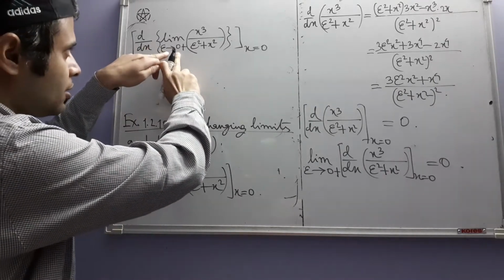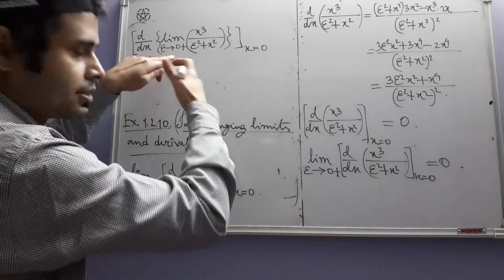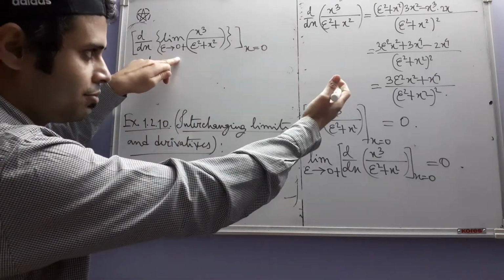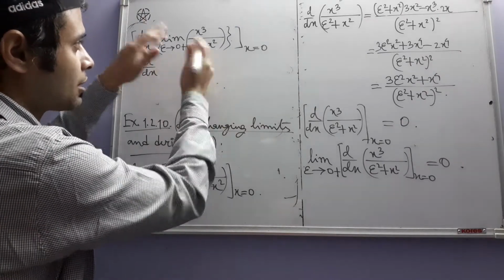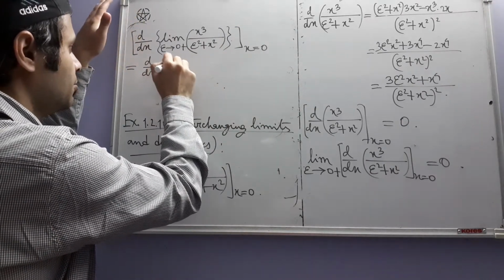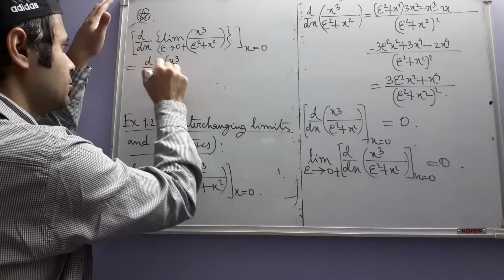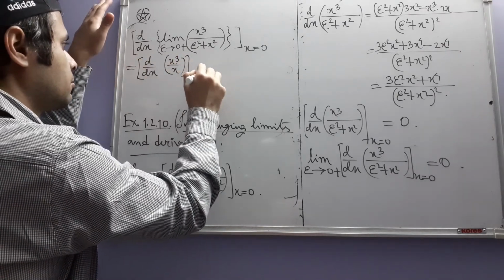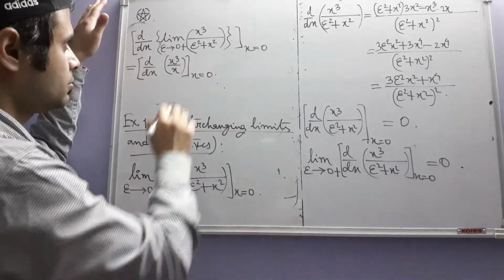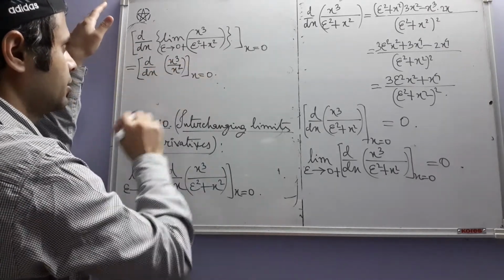So if epsilon is approaching 0 from the right side of 0, that means epsilon is positive and it is coming close to 0, then what will be this limit? This limit will be x cube divided by, oh sorry, x cube by x square.